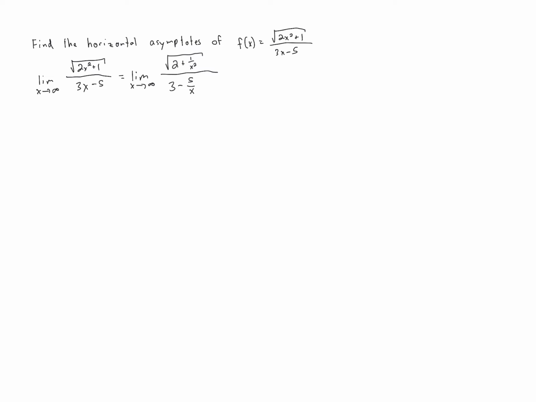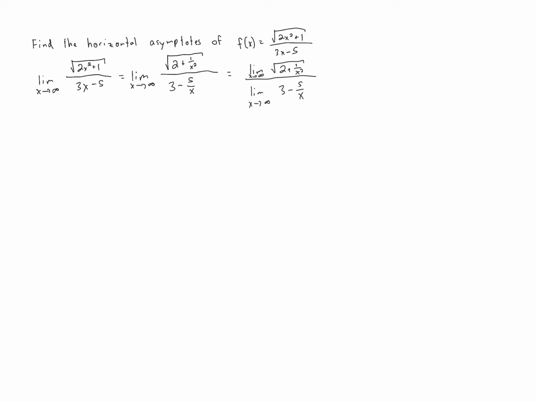Now, we can take the limit of a quotient and rewrite it as the quotient of the limits. So that is going to end up being the limit in the numerator as x approaches infinity of the square root of 2 plus 1 over x squared, all over the limit in the denominator as x approaches infinity of 3 minus 5 over x.